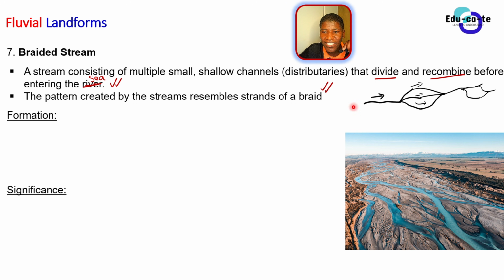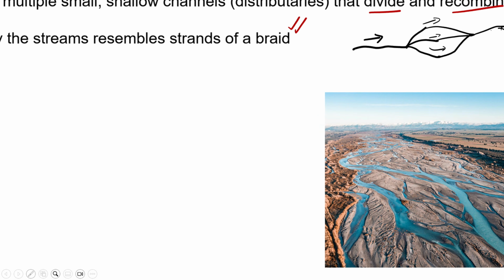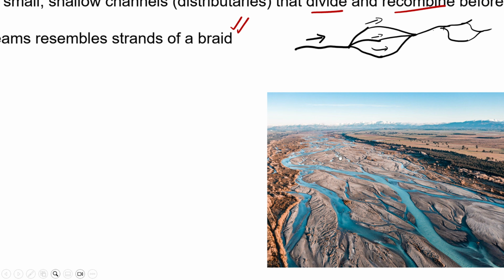You can see the streams sometimes dividing and then combining again, but they look like braids. Like you always see ladies out there having braids. So you can see that the streams divide, and they also recombine.